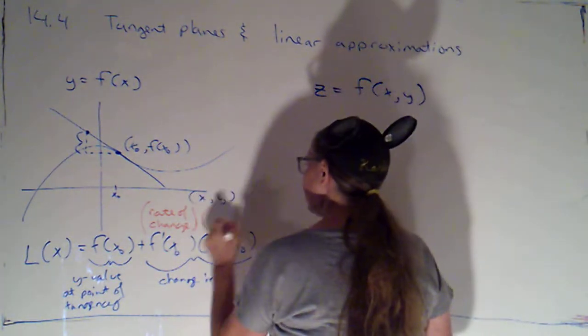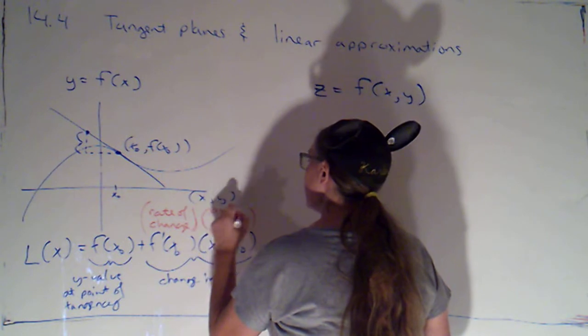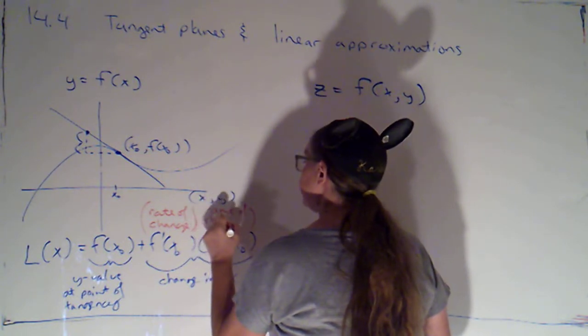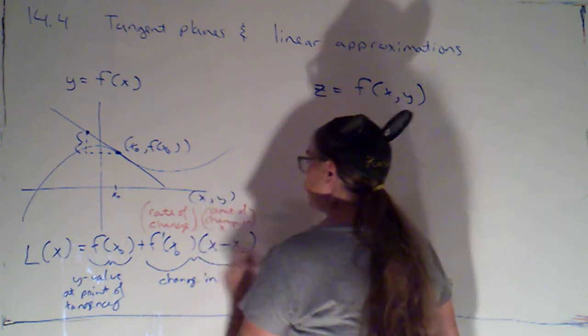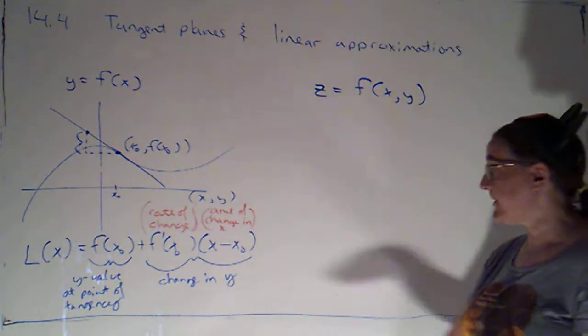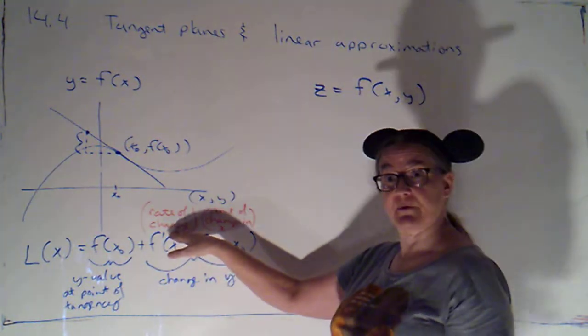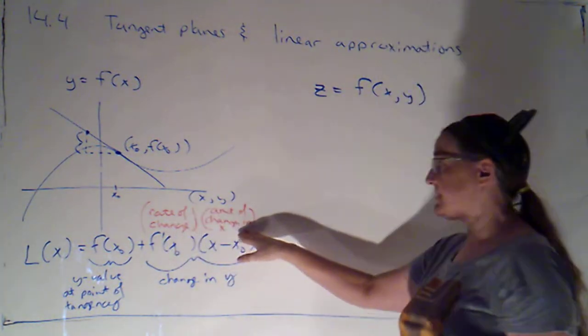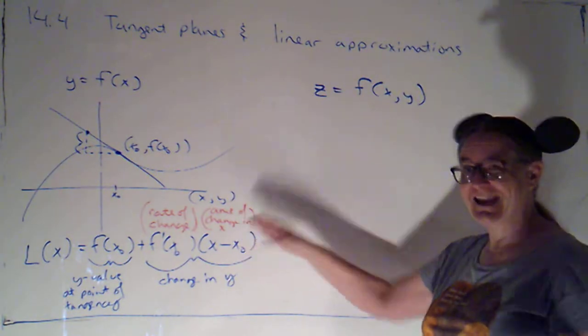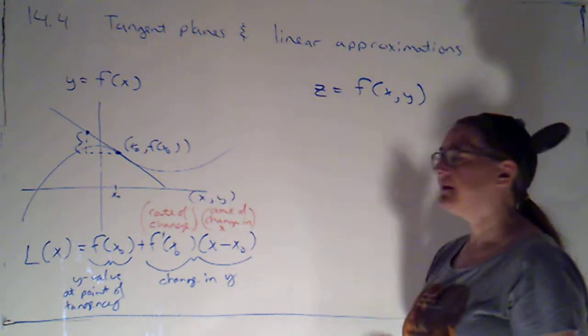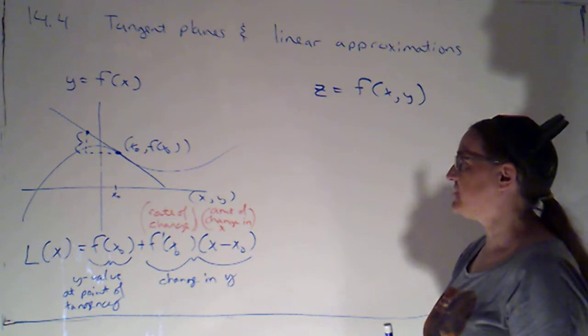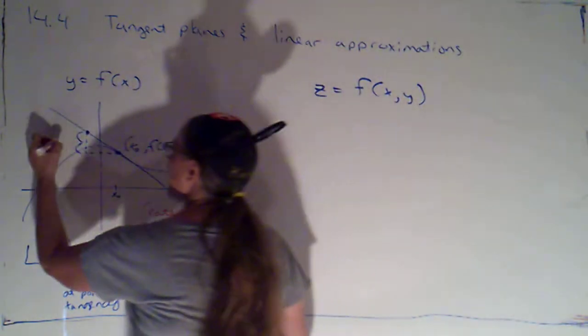And then this right here is an amount of change in x. So I've got just one input variable, that's the rate of change of my output with respect to the input, times the amount that the input changes. That's going to give me the amount that the output changes. Okay, so that's my change in y.